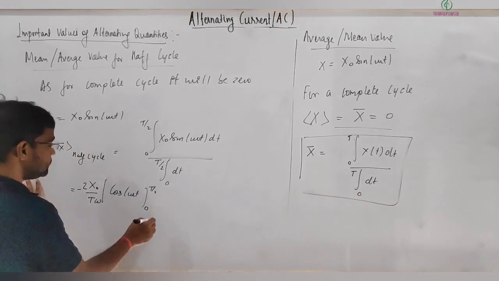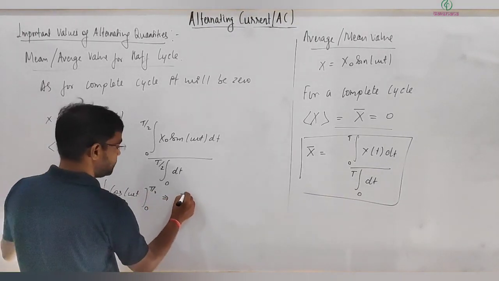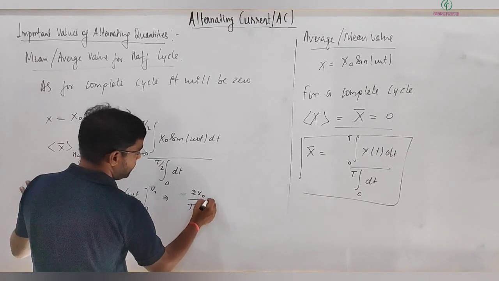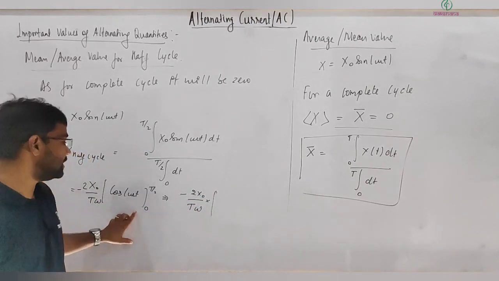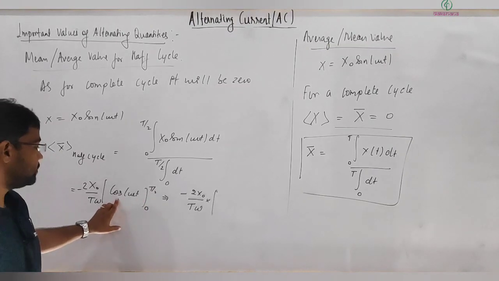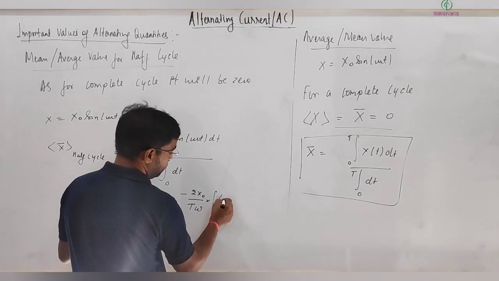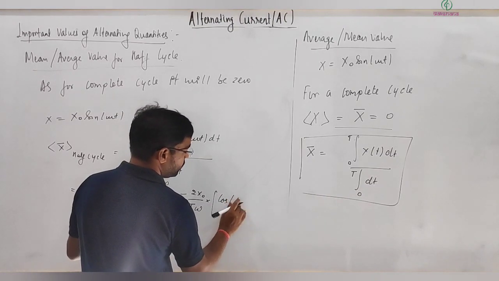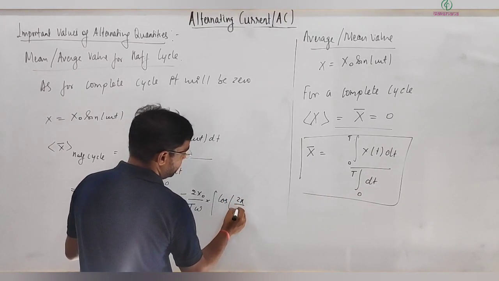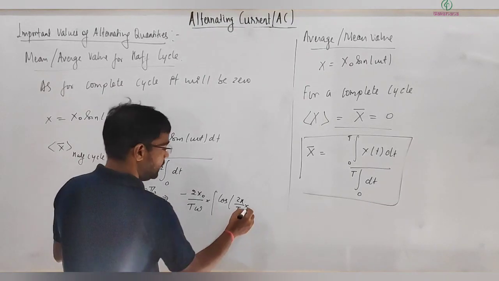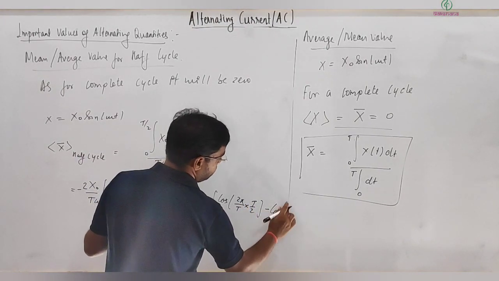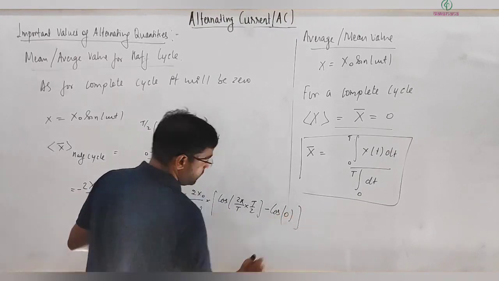Now if I substitute the limit, omega is 2 pi by T, multiplied by T half, minus cos of 0, right?